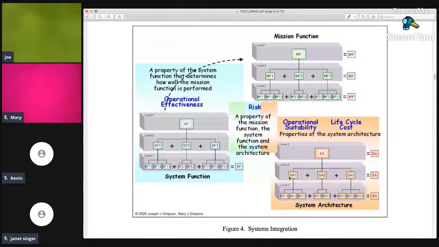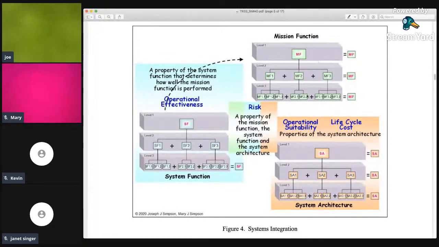And so then you take the operational suitability and use that to prioritize and select the best system architecture. And of course, then the life cycle costs are properties of the system architecture that you assemble or propose to meet the mission function.